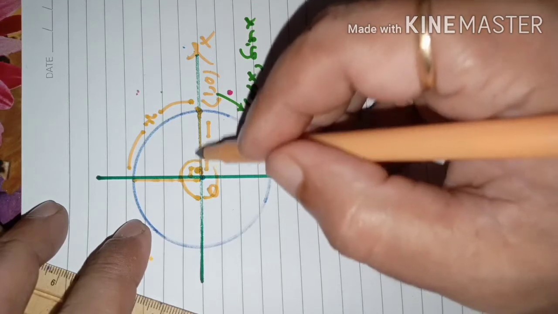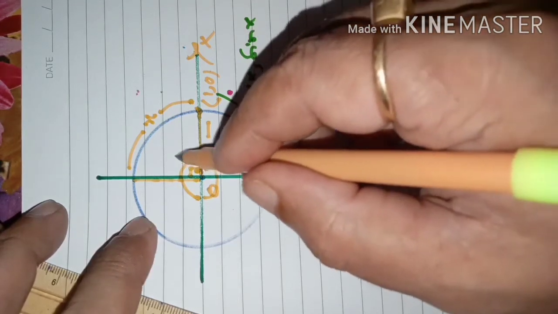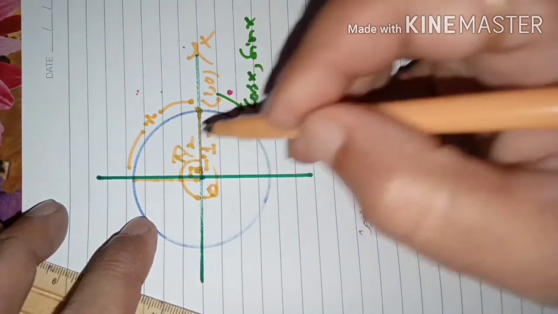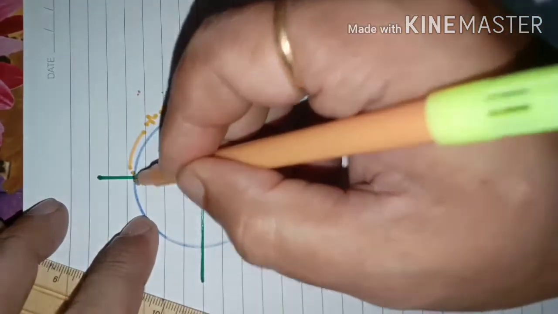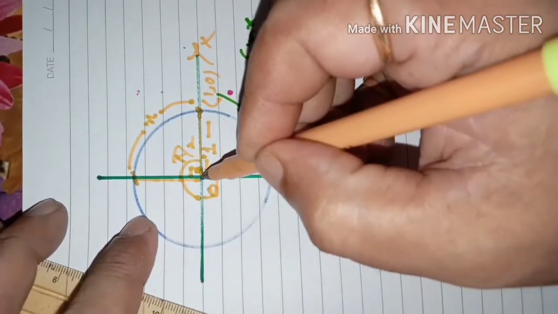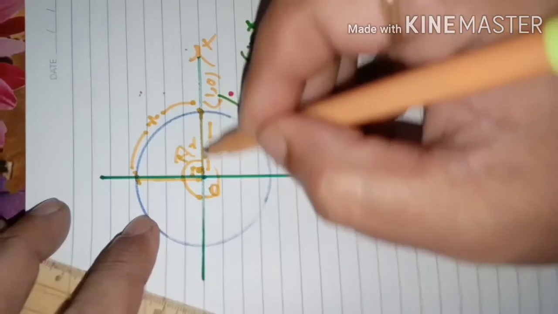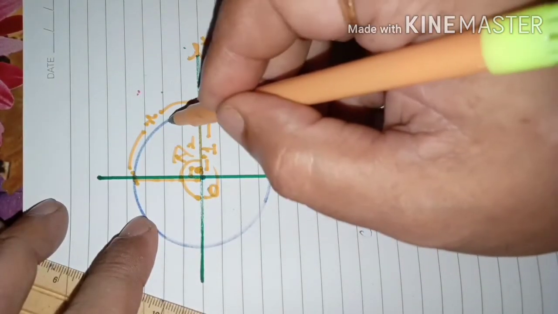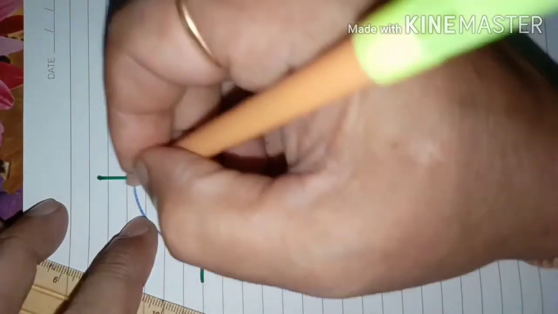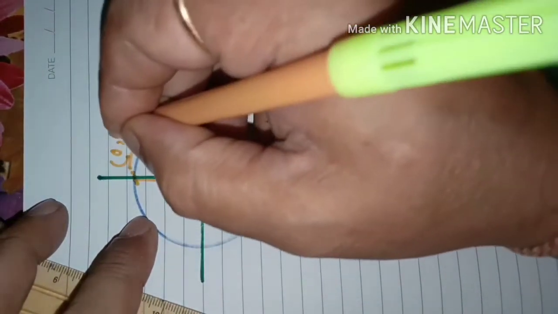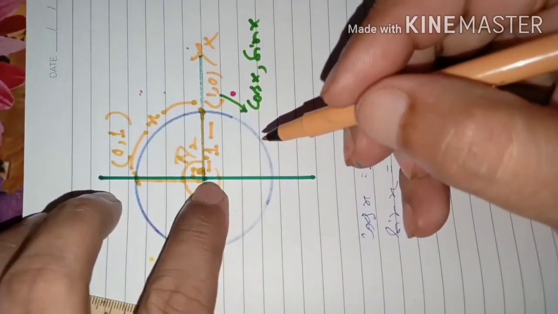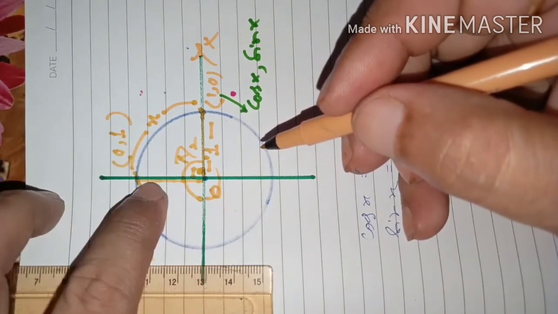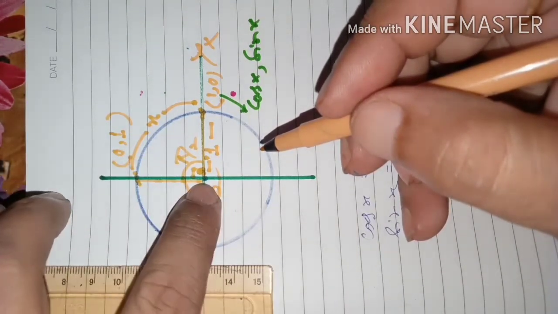At that time, see what the coordinate of this point is. As you go upward up to this level, the x coordinate will be 0, and the y coordinate is 1 unit, the radius of the circle, so it is 0, 1.